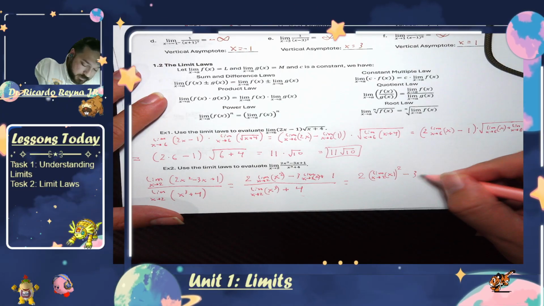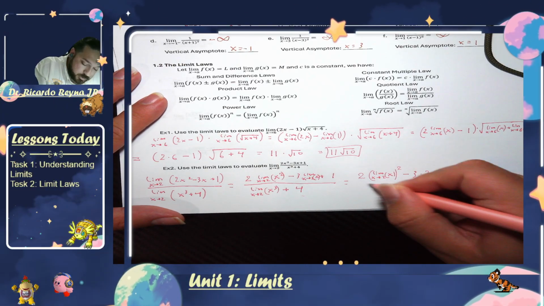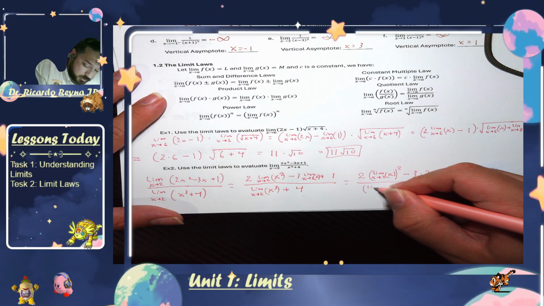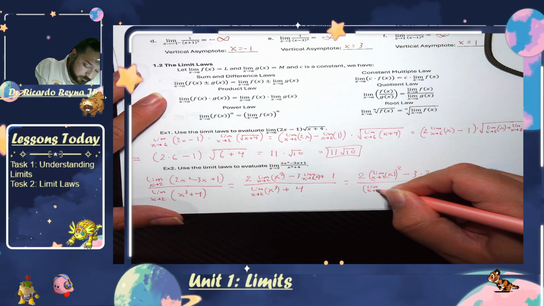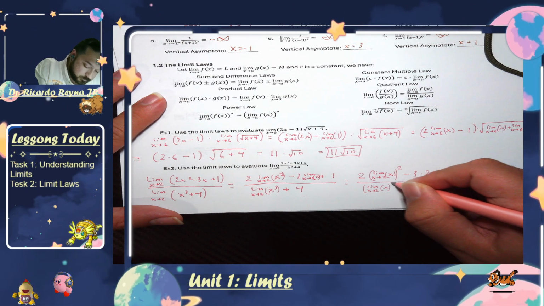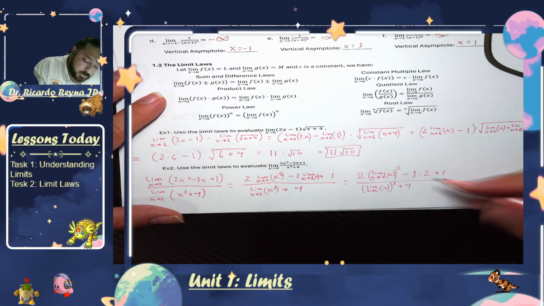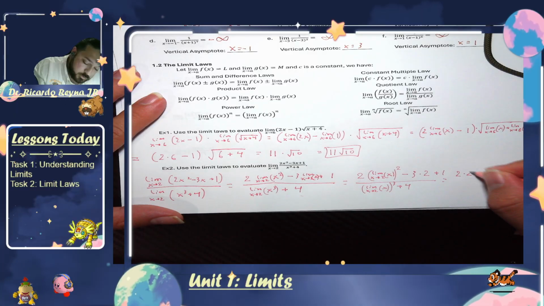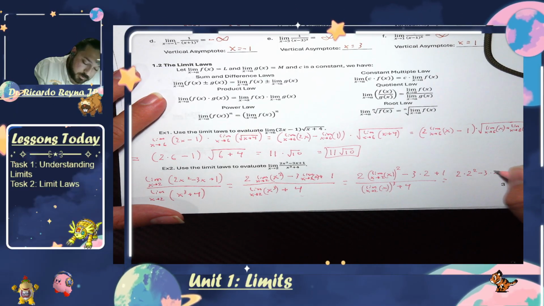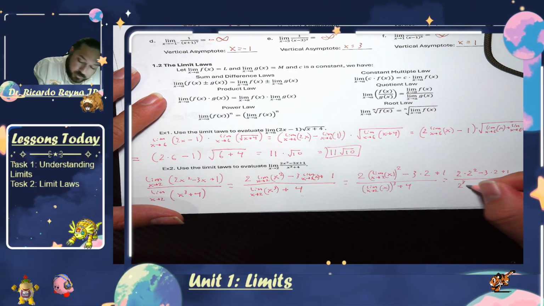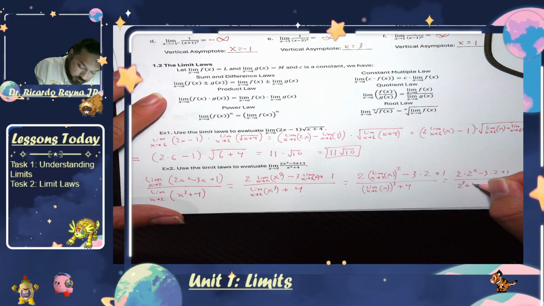Minus 3 times 2 plus 1 over, and then again, that power law will happen here as well. So that's going to be 2 times 2 squared minus 3 times 2 plus 1 over 2 to the power of 3 plus 4.